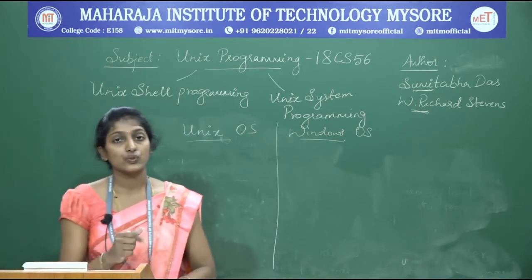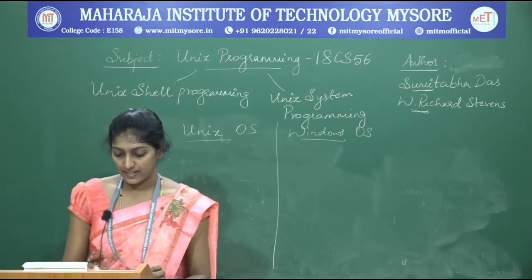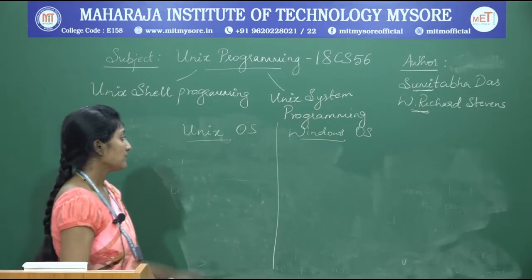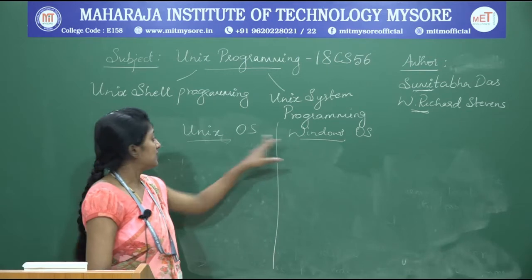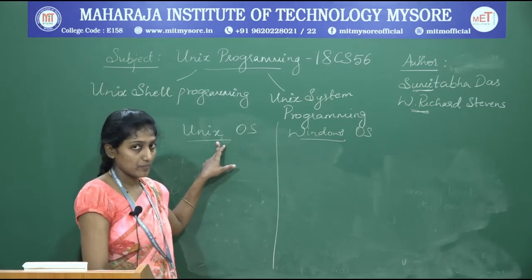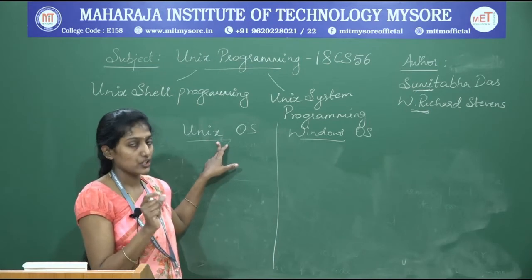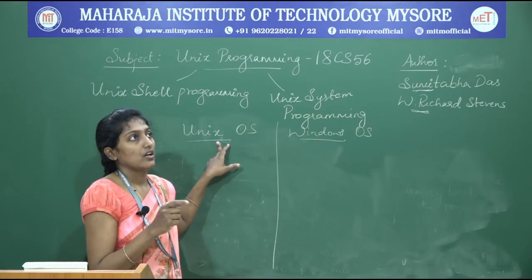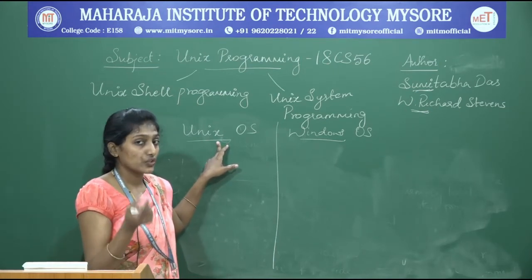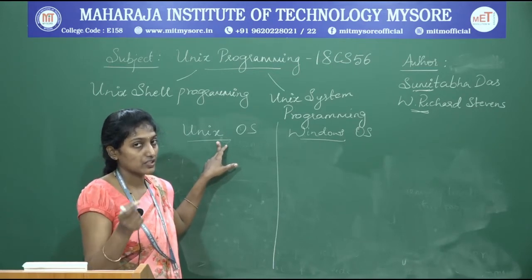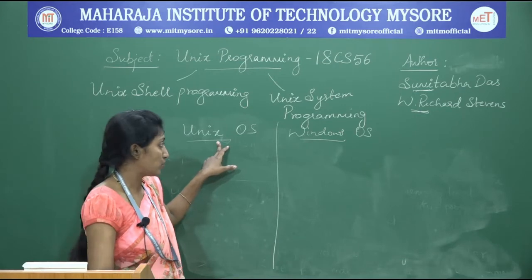So, what are the differences between Unix and Windows? As I said, in the Unix operating system, by using a shell you are going to execute a program. How does it execute the program? By interpreting each and every command you have given for that particular program.